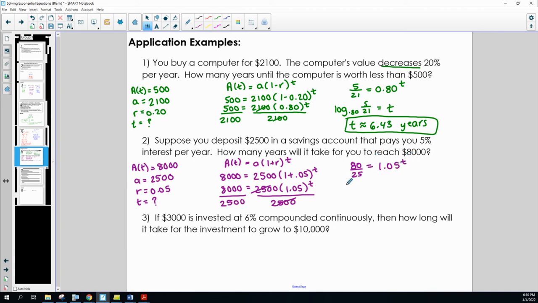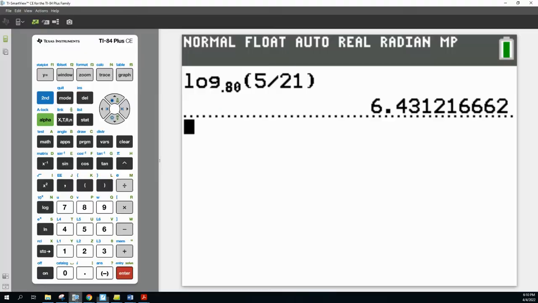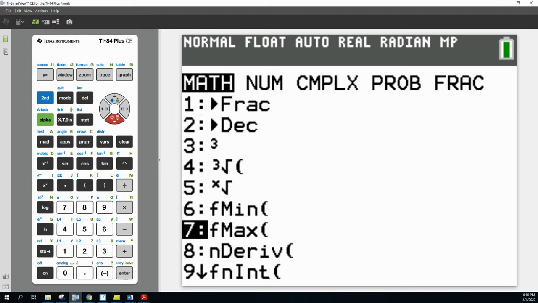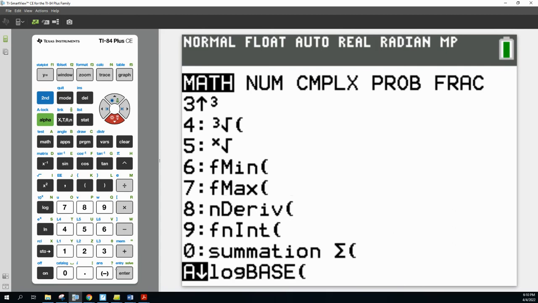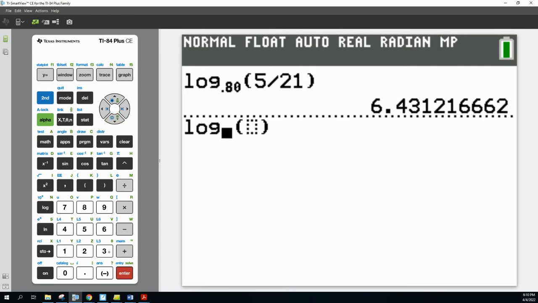So again, I'm going to change forms. This is going to be log base 1.05 of 80 over 25 is equal to t. And then I'm going to just plug this right into the calculator to find my approximate amount. Again, go to log base, and I'm going to put in 1.05 as my base.